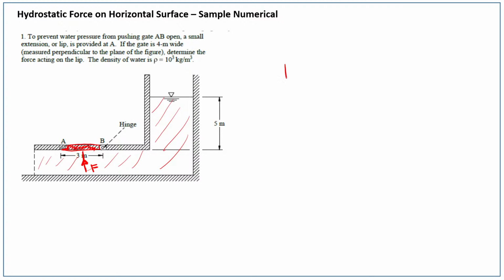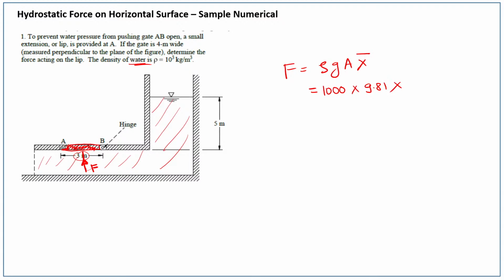Okay, so this force, you know the formula, it is rho g A into x bar. So just put the values. You can see in the numerical it is water, so density is 1000, so it is 1000 into g, which is 9.81, into the area of this plane surface. Here 3 meter is written.